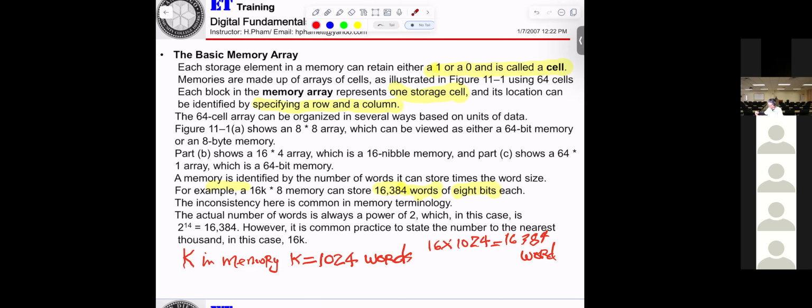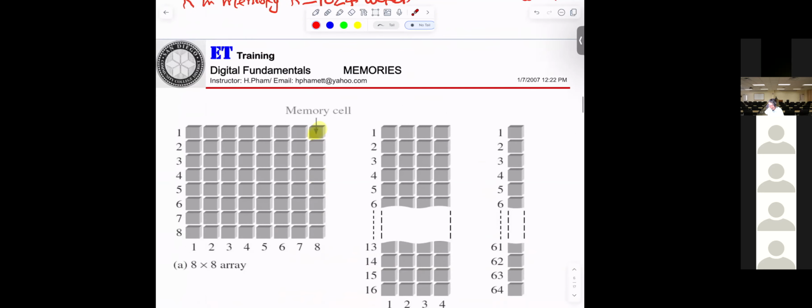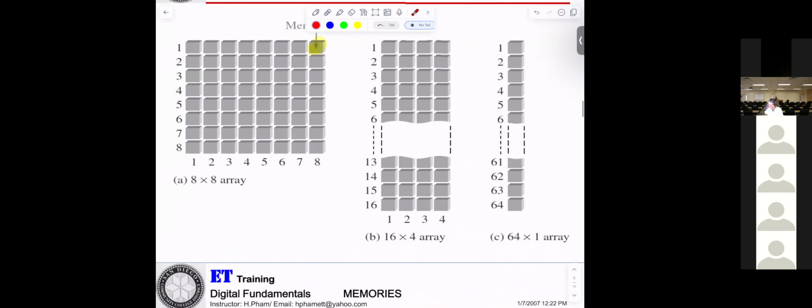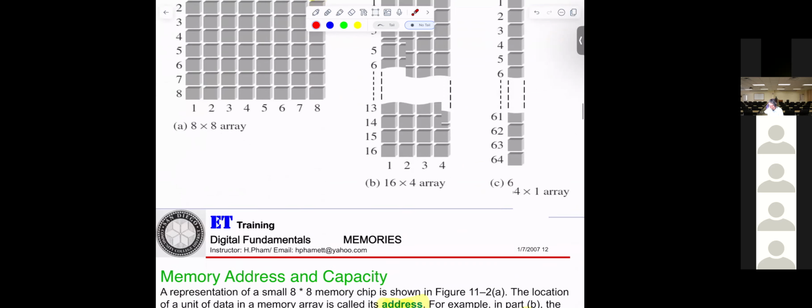In this case, they're using 16K, and 16K is 1,024 words given you the total. How many words? That's what they are already talking about. If you try to read it, you can see that.